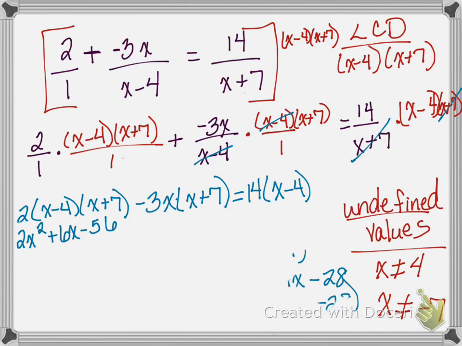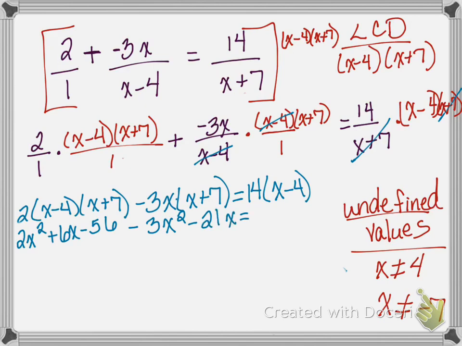Now, for my second expression, negative 3x times x plus 7, I'm going to distribute negative 3x. So I have negative 3x times x. That's going to give me minus 3x squared. Negative 3x times 7 is going to give me minus 21x.